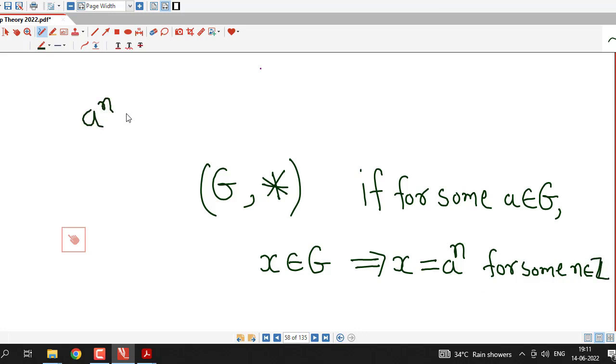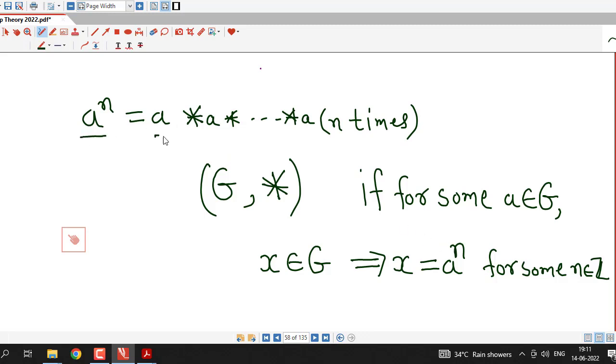Here A raised to n means we have to consider A star A and so on up to A, n times. So be careful, this is not simply multiplication. A raised to n is the notation for A star A, n times.